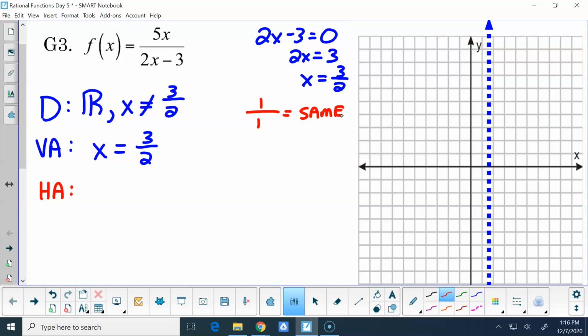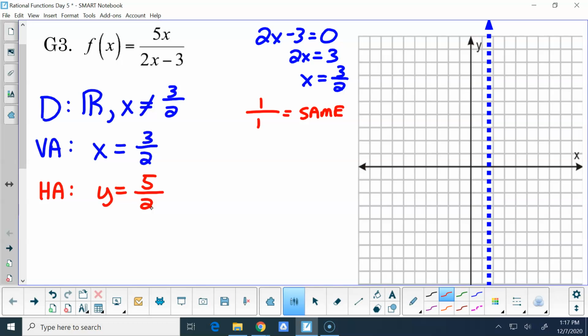Is it 5/2? 5/2 is a number, Brady, but if we set it in line form, it would be y equals 5/2. Not x equals, y equals, horizontal. Because it's a line, Brady.